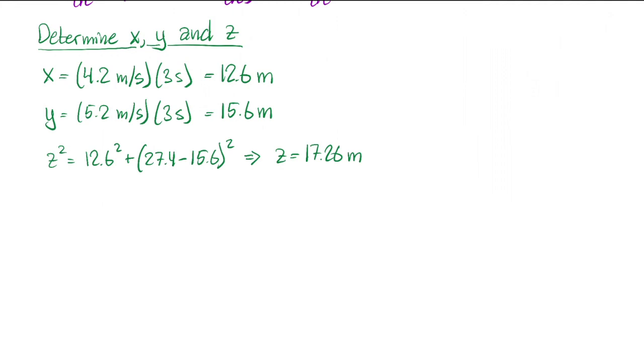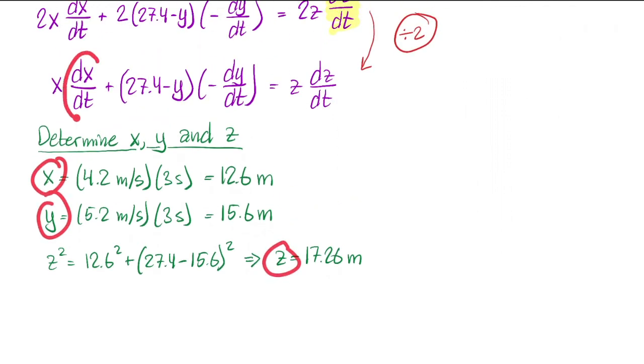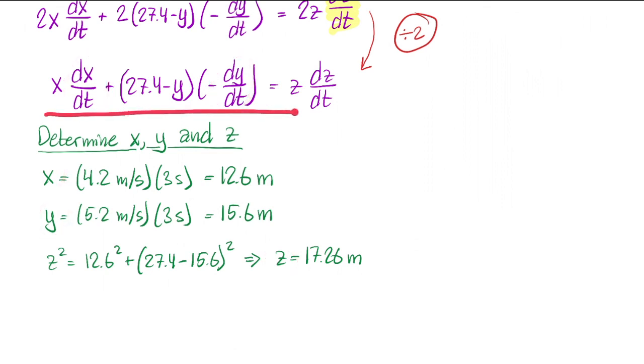Okay, so at this point, now that we know x, y, and z, and we know the rates at which the two are running, we can plug it into this expression and solve for dz dt.